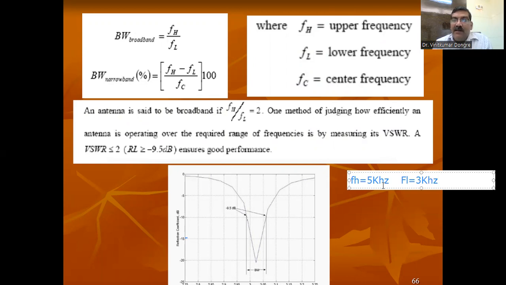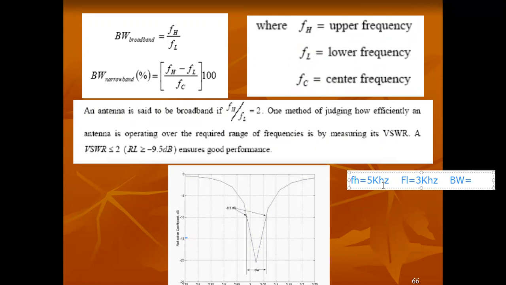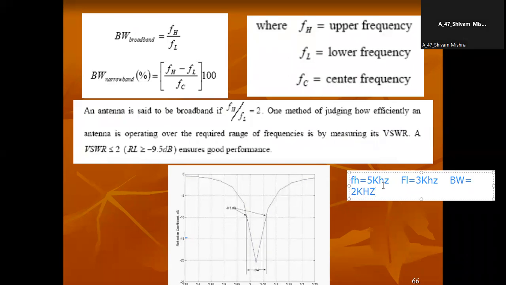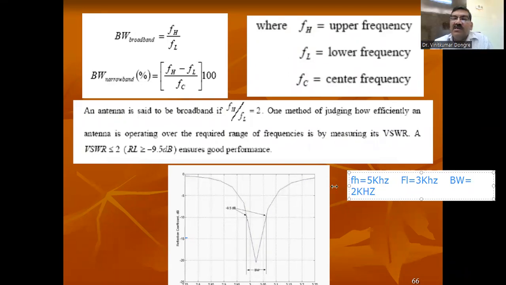Okay, so how much is my bandwidth? Simple bandwidth. Anybody? Normal bandwidth, how much is it? 2 kilohertz. How have you calculated? FH minus FL. Okay, so this is simple, 2 kilohertz.